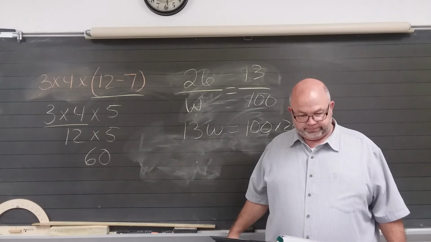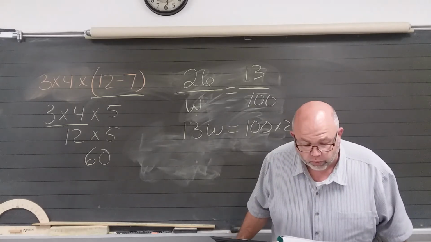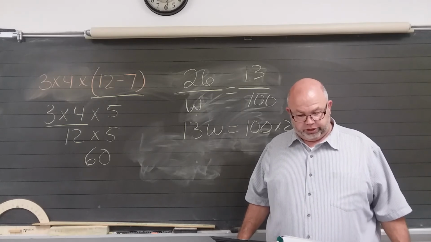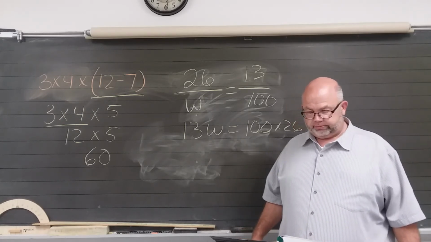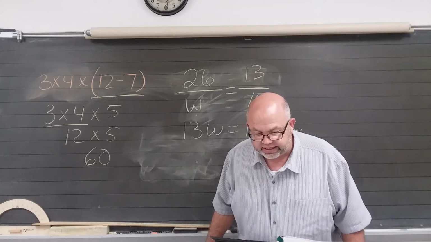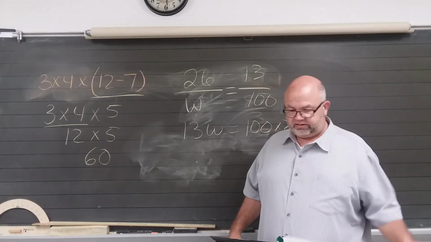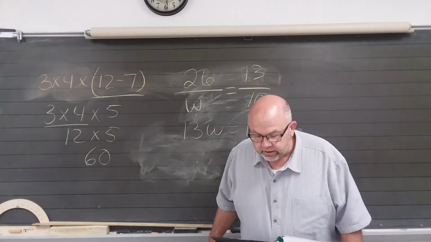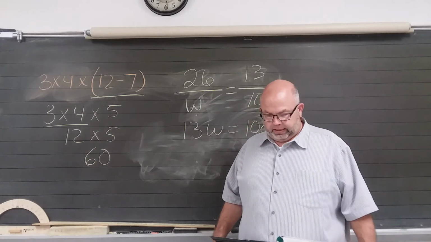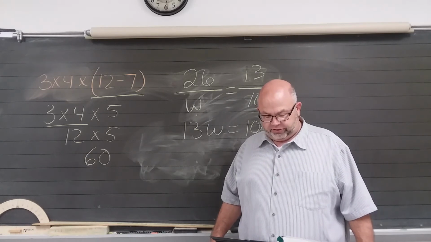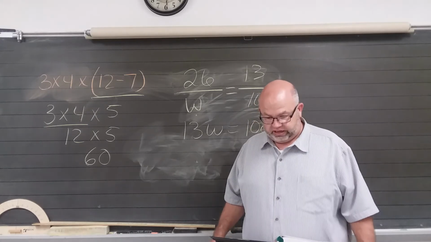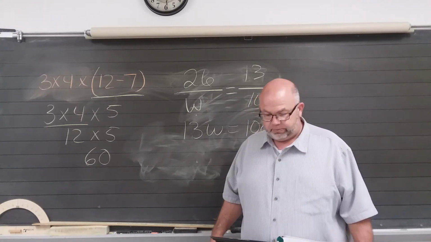Number 11, 6 yards, 2 1/4 inches. Number 13, 4 years, 7 months. Number 17, discount and final price. To figure out the discount, you bought a box of bolts for $6.50 and received a 10% discount.